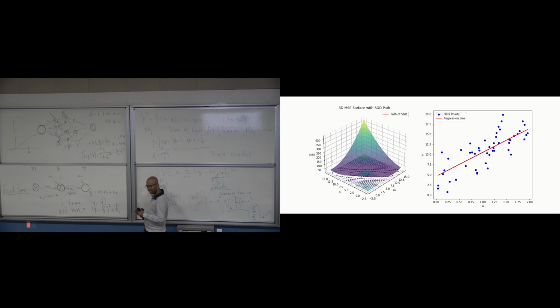Here, I had m and c as my weights or arguments to the loss function. Here, what are the arguments to the loss function? These are the model parameters. What are the model parameters? W1, B1, W2, B2. So there are 4 of them as opposed to 2 there. They're the weights and biases, right?